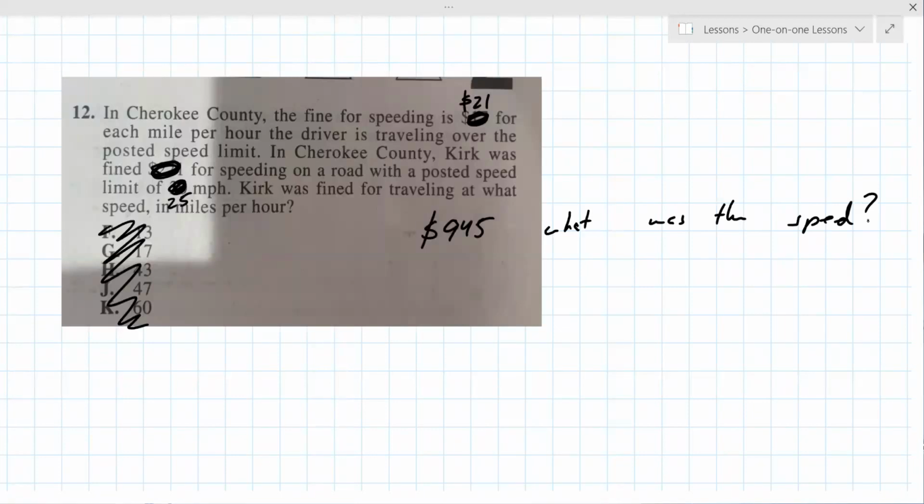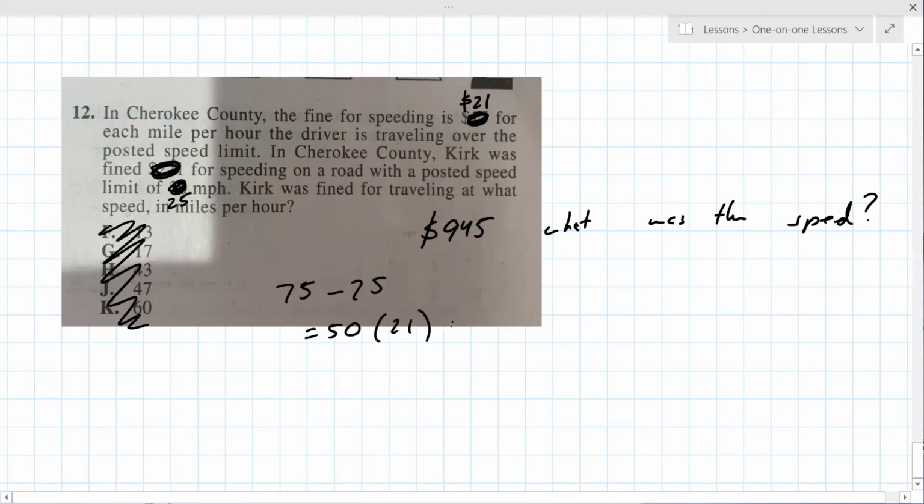75. The 75 miles per hour is their speed. Great. Okay, so remember the speed limit is 25 miles per hour. So 75 minus 25 is 50, and 50 times 21 is $1,050.